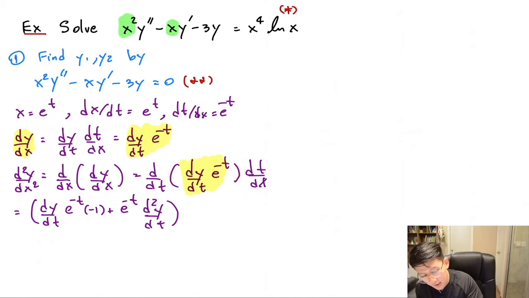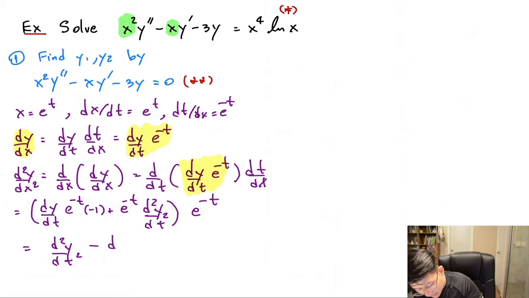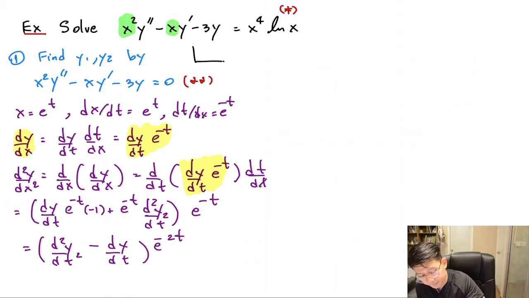And here dt by dx is e to the minus t, so we have here d by dt minus dy by dt e to the minus 2t.